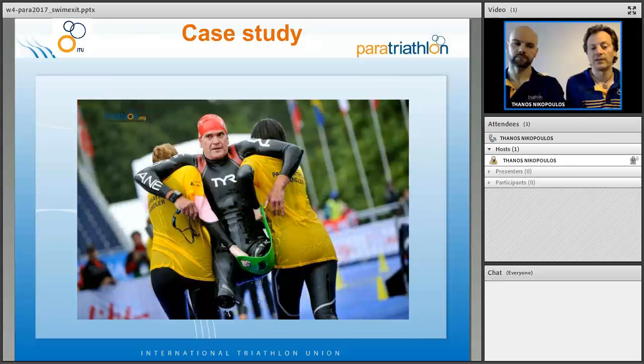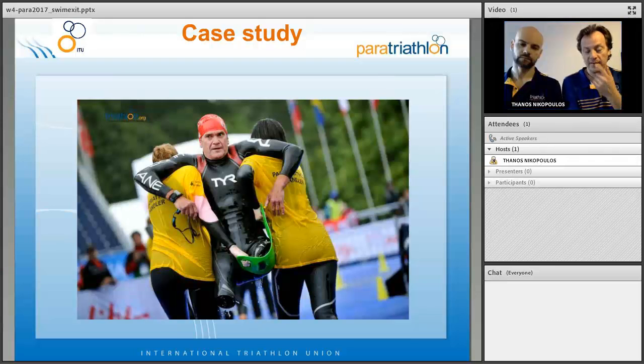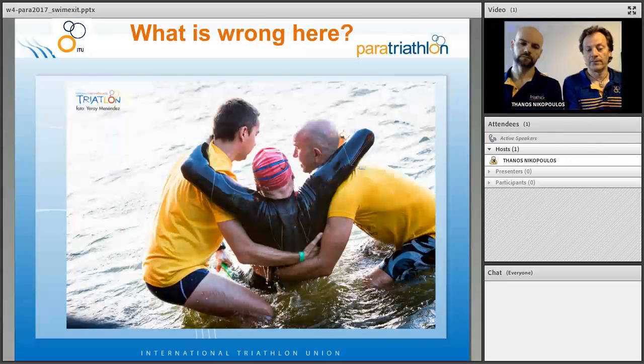He's tilting to the left as you look at the image, and they're putting pressure on his left limb, making it flex up high, not giving the support from the bottom, which is the heaviest point of the athlete. So these two assistants are doing extra effort to carry an athlete that should be relatively easy to carry because he's a double leg amputee and doesn't have that extra weight.